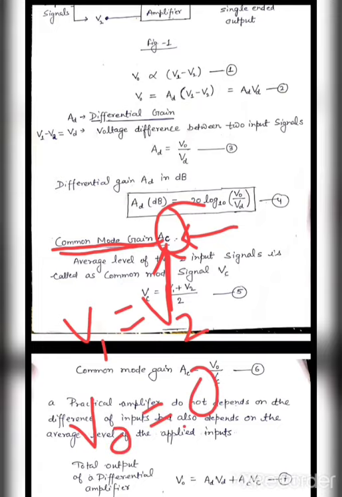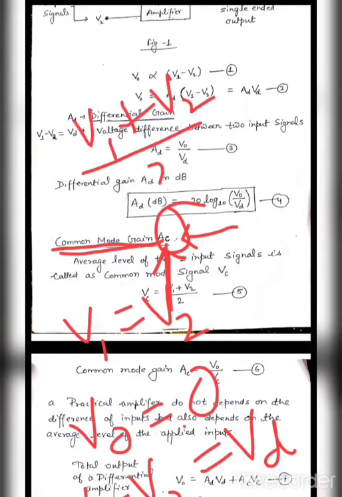But in a practical differential amplifier, this does not happen because the output not only depends on the difference between the input voltages but also depends on the average level of the two inputs, V1 and V2.